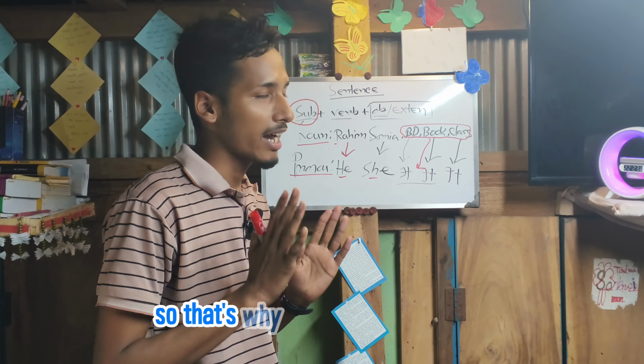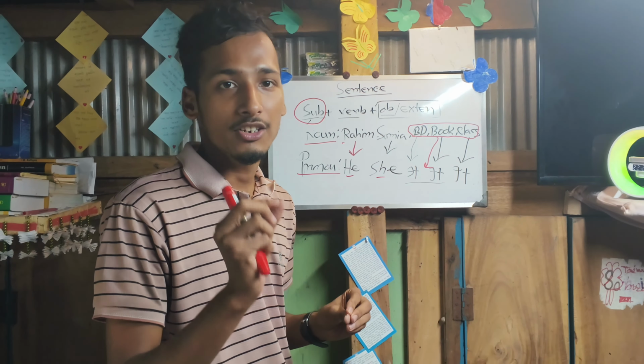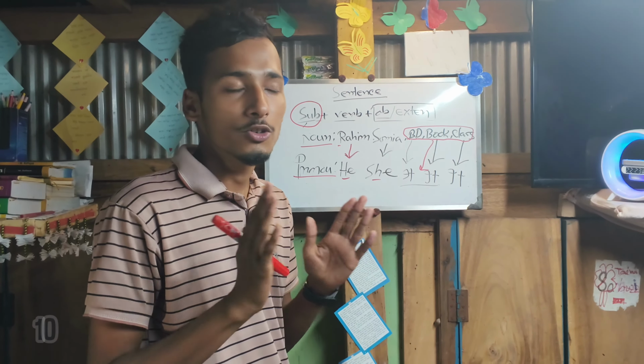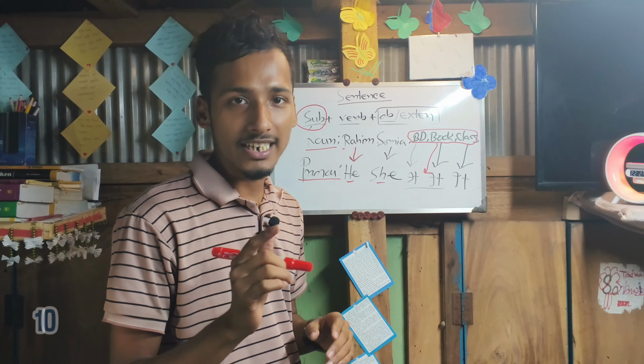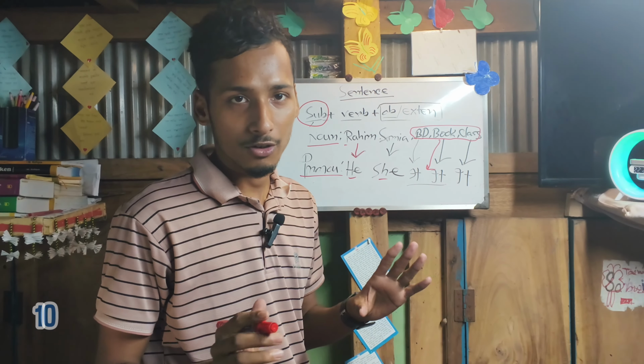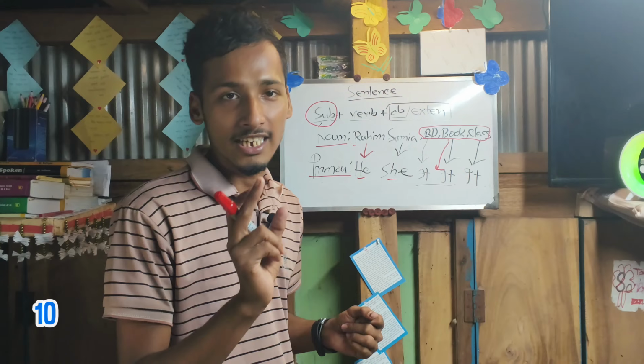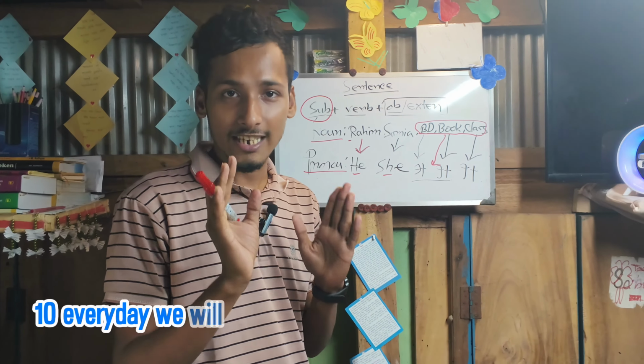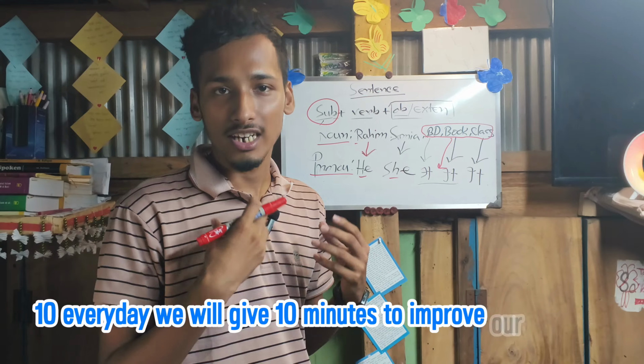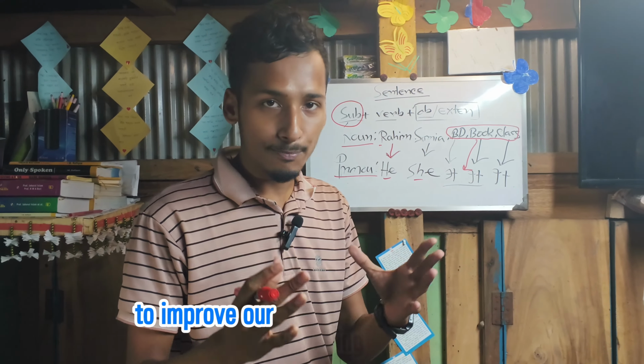So I think 10 minutes is enough to improve ourselves. Every day, 10 minutes is enough. So our rule for this course is 10 minutes. Every day, we will give 10 minutes to improve our listening and our speaking.